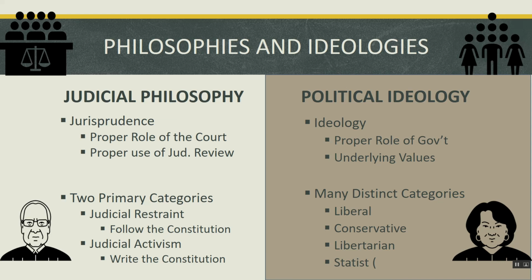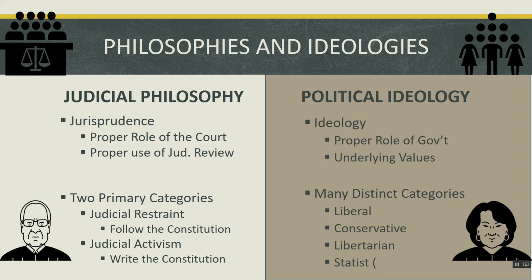Your job is simply to determine whether the rules created by Congress are consistent with the Constitution. If they're not, you overturn them. Now, they may create an unconstitutional policy that you like, but whether you like it or not is not the issue. The issue for a judicial restraintist is purely a question of whether or not the law violates the Constitution.